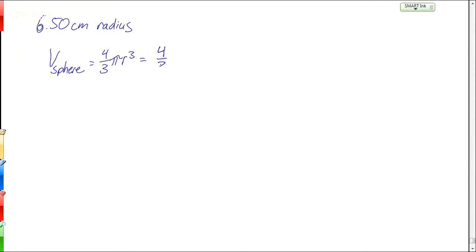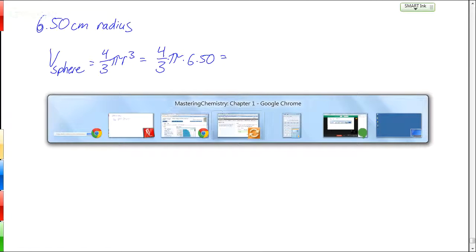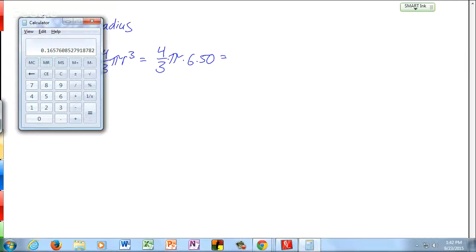You don't have to remember that, by the way. That kind of stuff won't be on the exam. Which is 4/3 times pi times 6.50 all cubed, which is 1146.